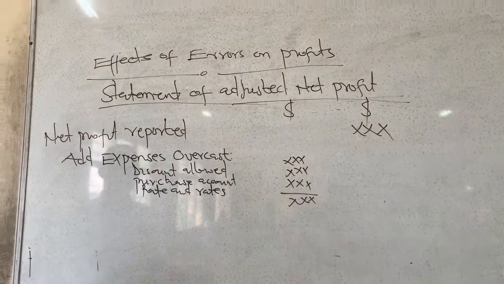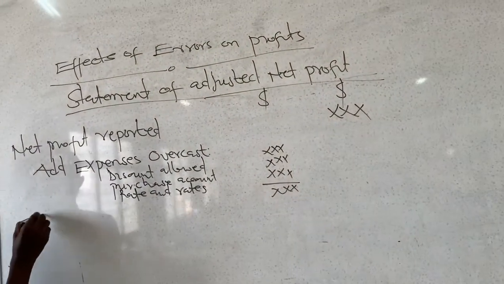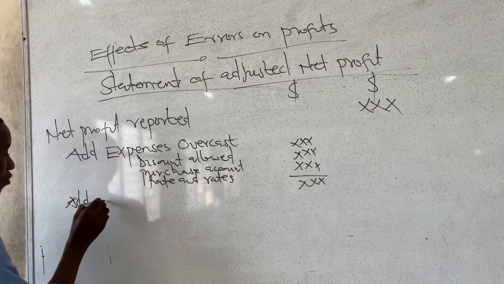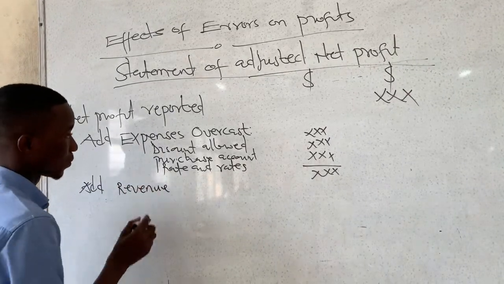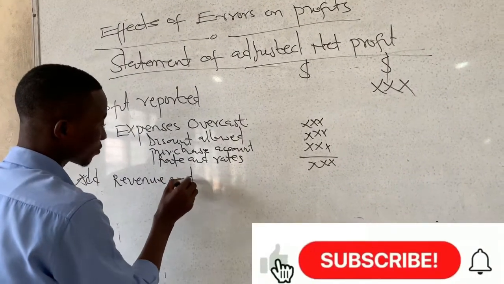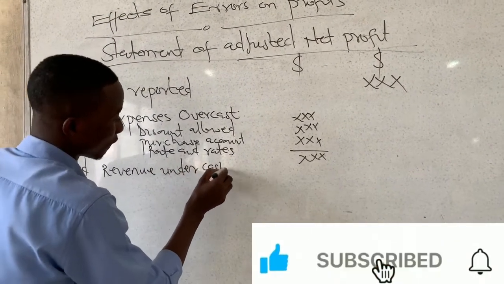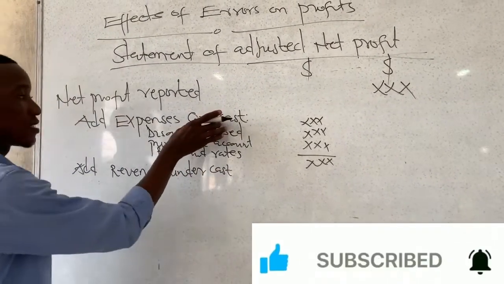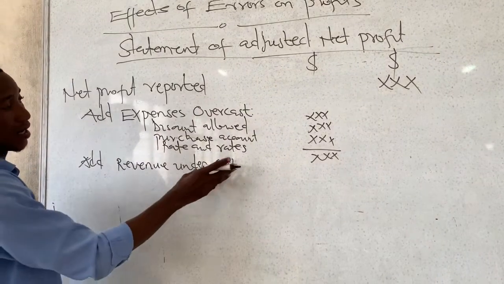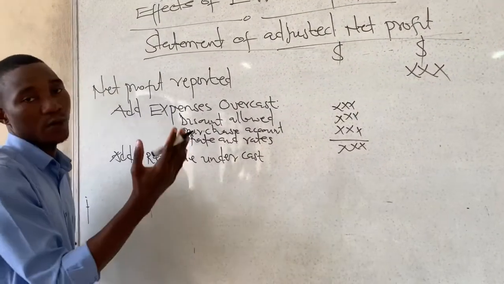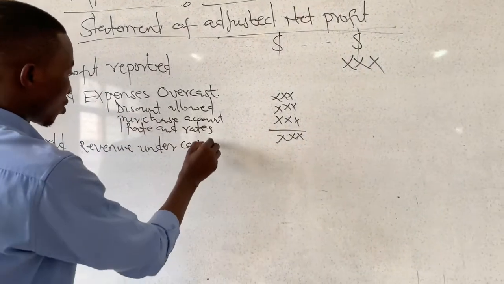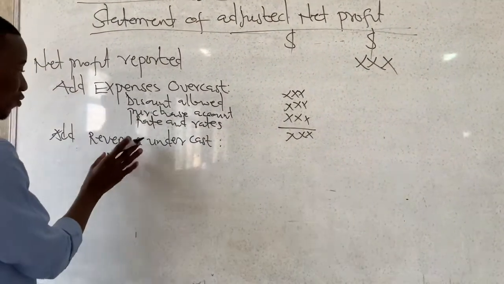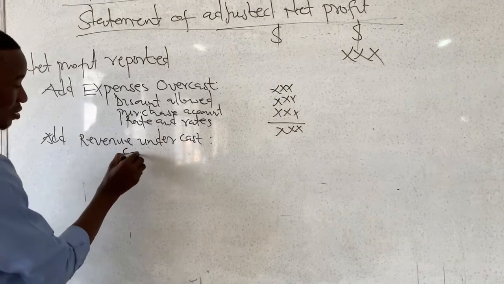Okay, and we still talk about we add revenue undercast. We are adding expenses overcast and revenue undercast because it lowers our profit. So we need to add them back. Okay, so then with the revenue, you may have maybe sales.